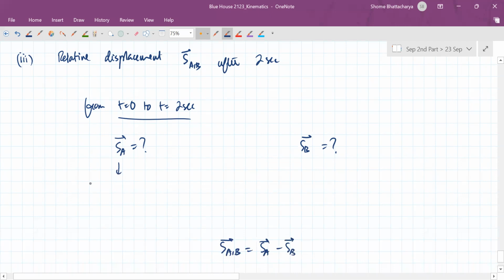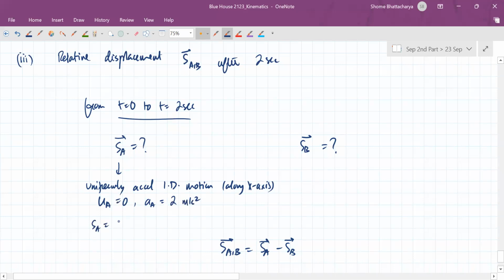A is doing uniformly accelerated 1D motion along the x-axis. A's initial velocity is 0, A's acceleration is 2. So A's displacement is 0 plus half into 2 into t square.